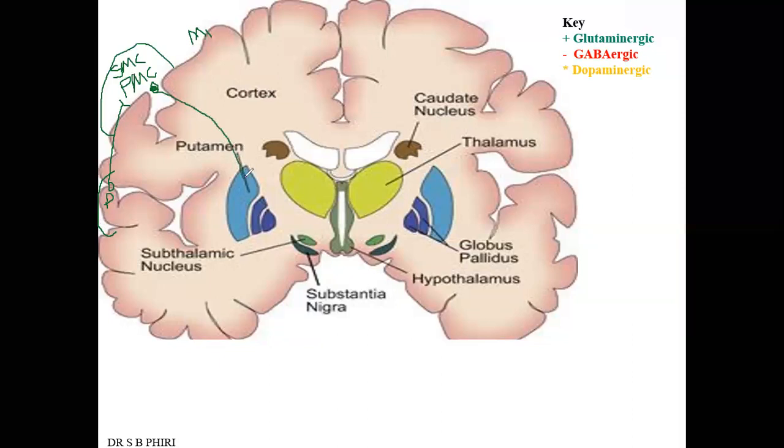And the striatum, corpus striatum, remember, we have the caudate nucleus and the putamen. So we have this projection that is releasing glutamate, and glutamate is stimulatory. So it means it's going to be a plus for this neuron because it's stimulatory. So this stimulatory neuron is stimulating the medium spiny neuron within the striatum.